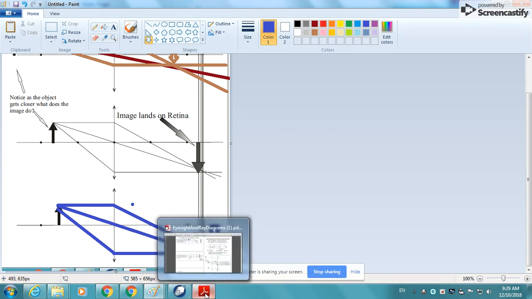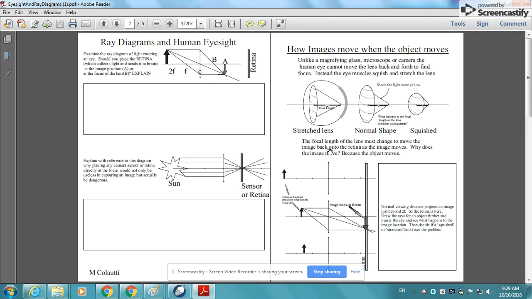So what do we do with that? Well, let's look here. This lens will not bend the rays as much. This lens will bend the rays more severely, and this is the normal one. So I think it's pretty obvious that this lens goes with this ray diagram.